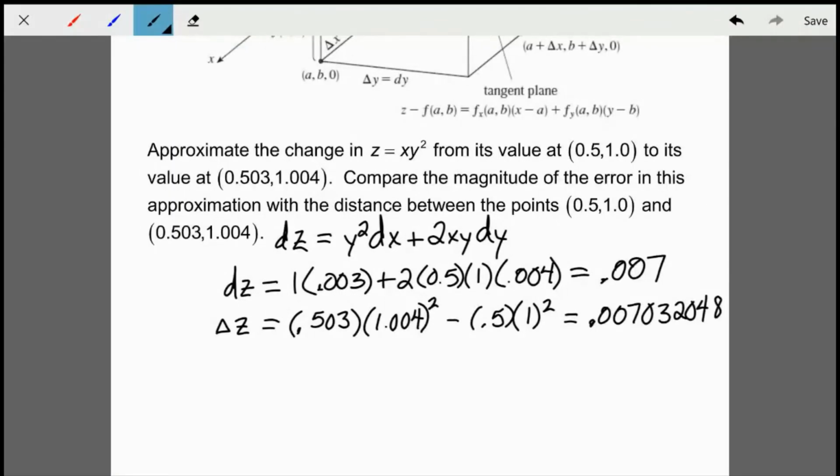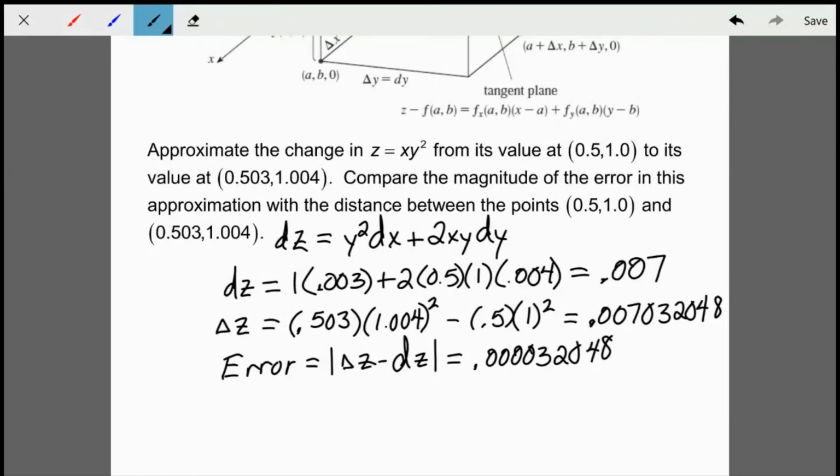So we could write as many decimals as we want, but you can see that the approximated change in z is pretty close to the actual change in z. So my error here is just the difference between the two of those. So delta z minus dz, and if I subtract that out, you can see that we're going to get 0.000032048. So that's my actual error.